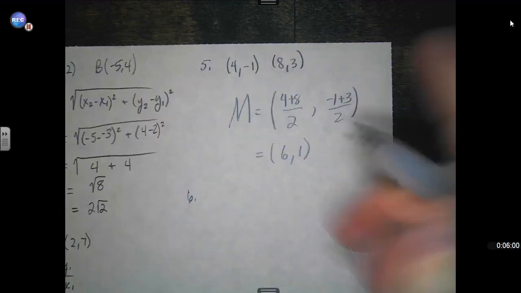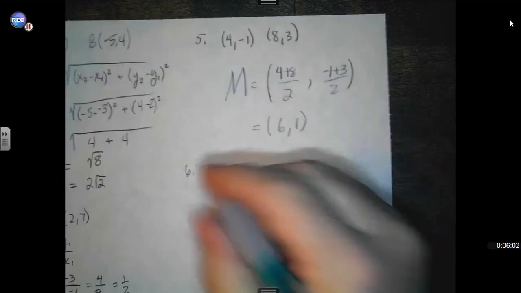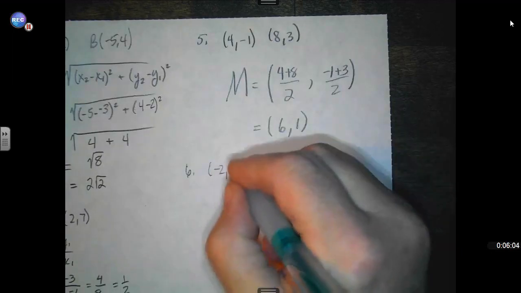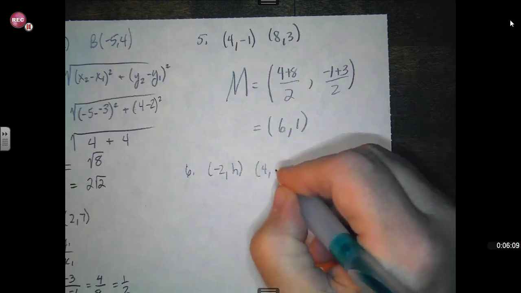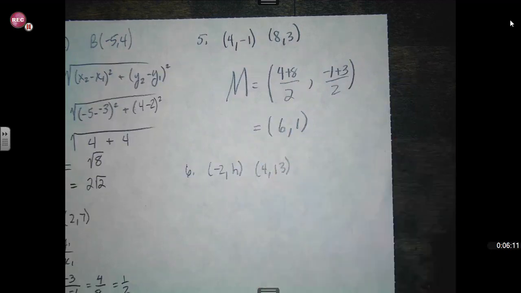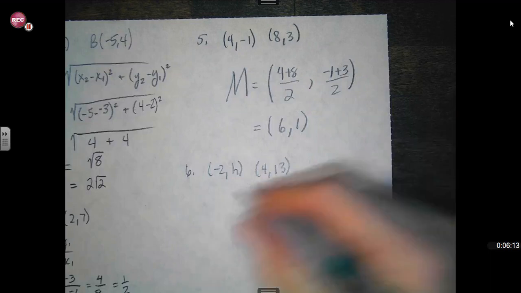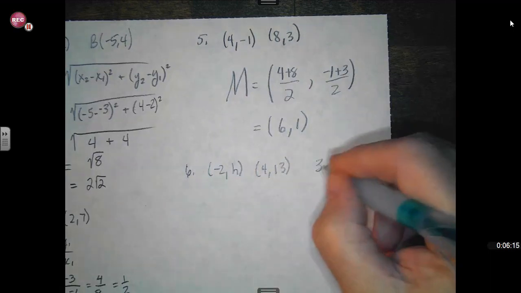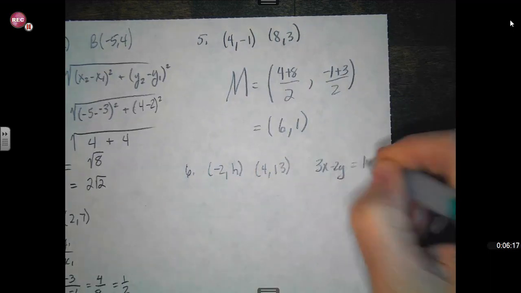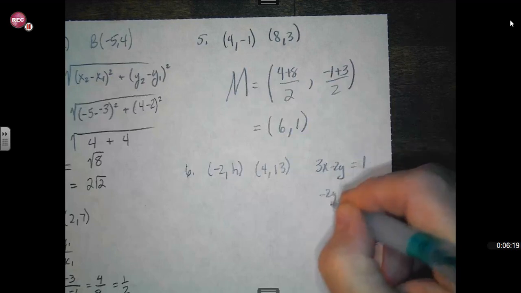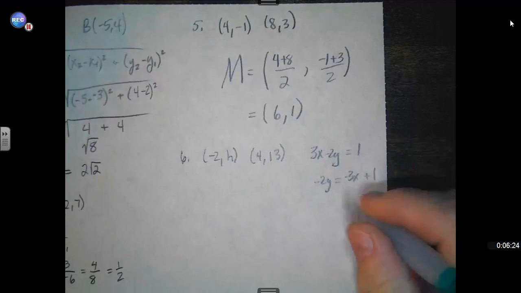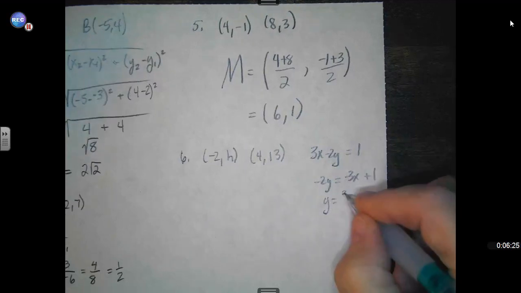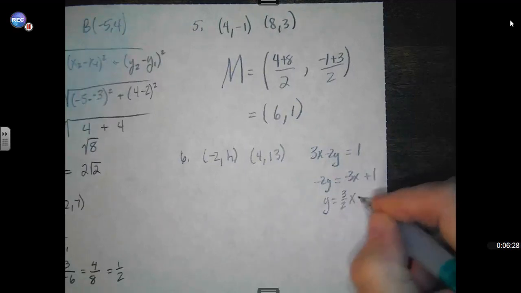Find the value of h, joining the points -2, h and the point 4, 13, so that the line joining those points is parallel to the line 3x minus 2y equals 1. So if I solve this for y, I get 3/2 x.